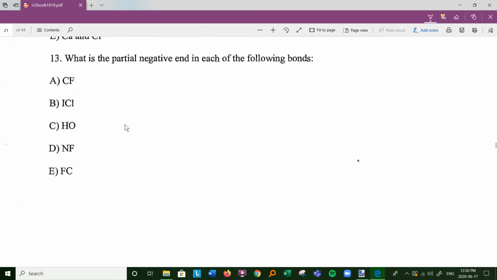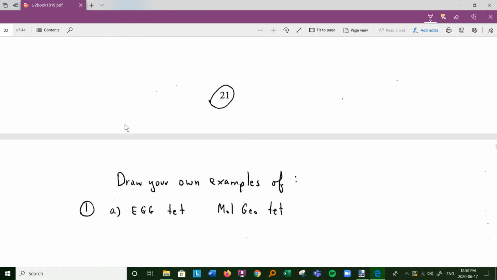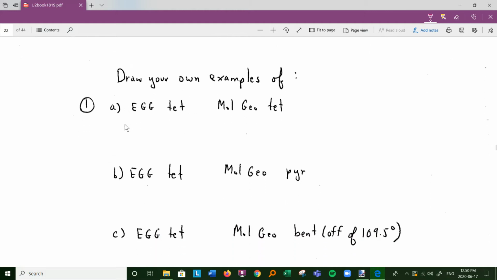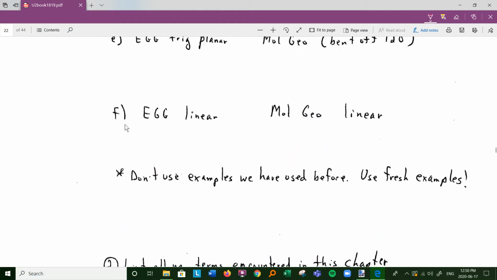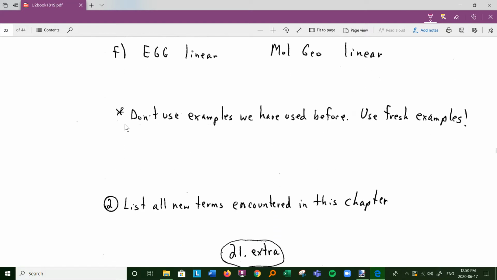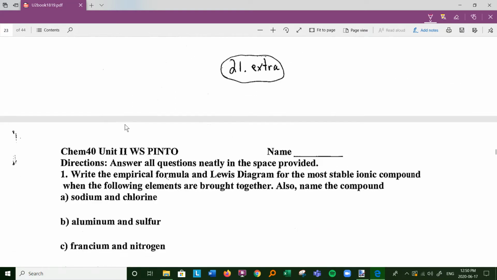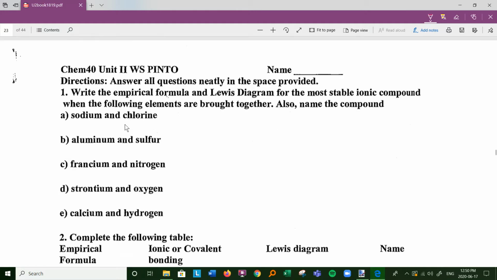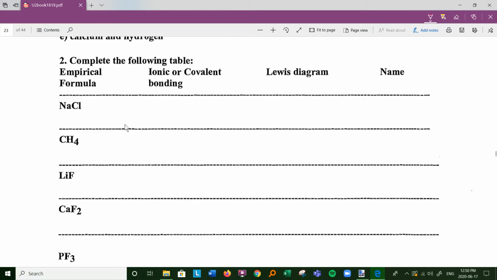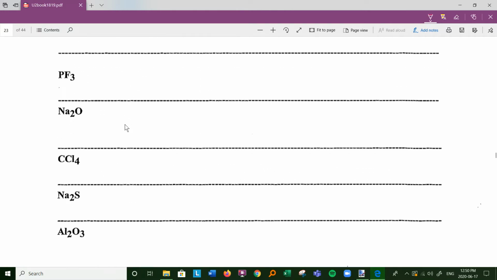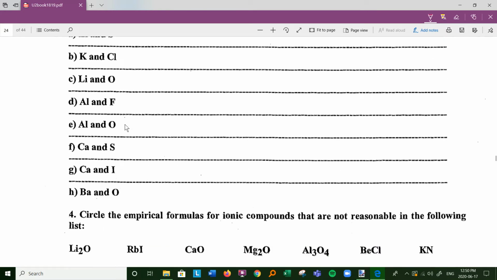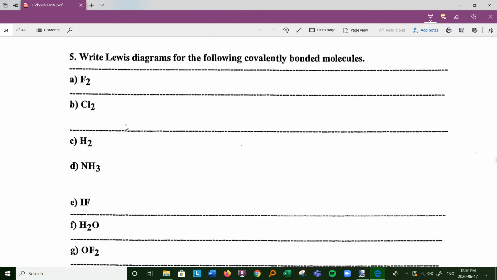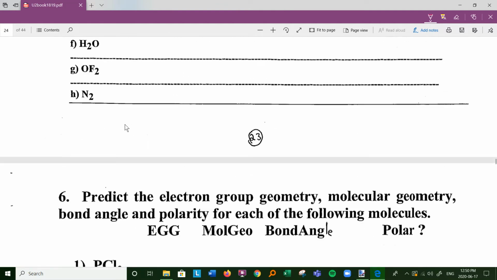Okay, good practice, Belmont, that's for sure. Draw your own examples of various electron group geometry, molecular geometry. Don't use examples, use fresh examples. Okay, that sounds good. Worksheet Pinto is yet more practice. Some of these you've seen before, so it's just extra practice. That's good as we finish up the chapter.